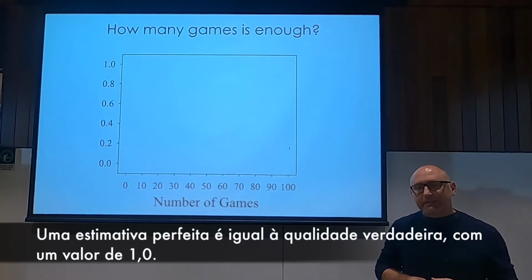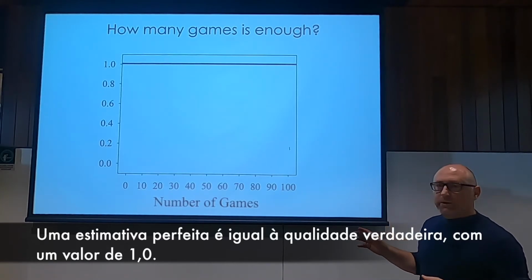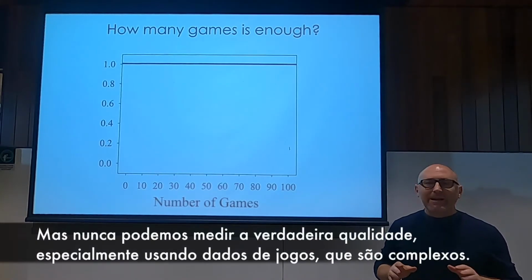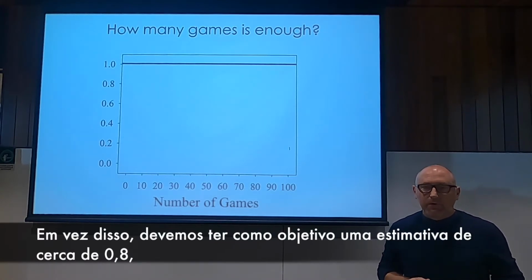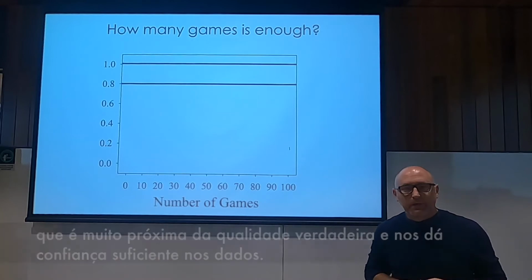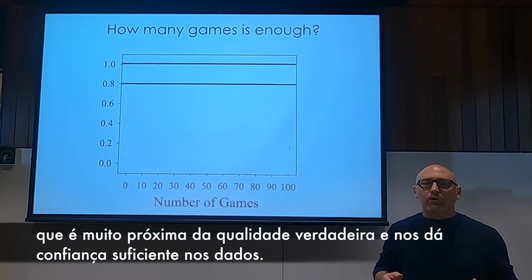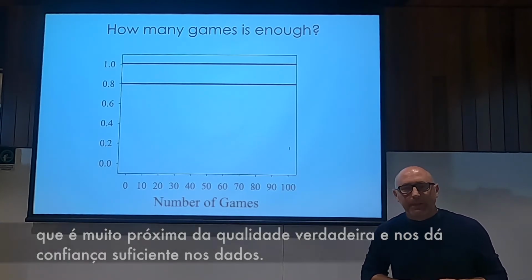A perfect estimate equals the true quality at a value of 1.0. But we can never really measure true quality, especially using match data, which are complex. Instead, we should aim for an estimate of around 0.8, which is pretty close to true quality and gives us sufficient confidence in the data.